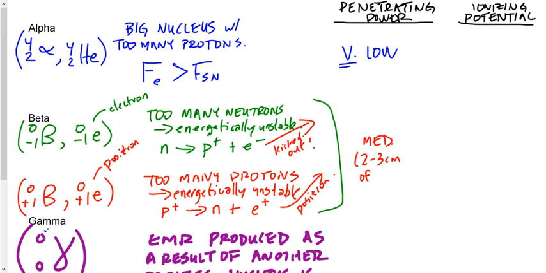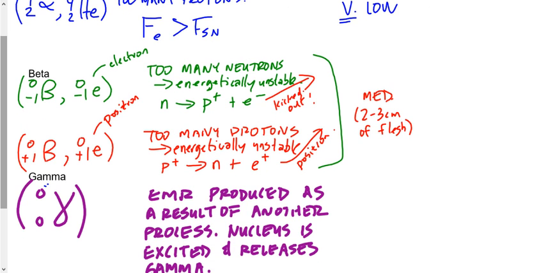They might be able to penetrate a couple centimeters of flesh, a couple centimeters of your body, but they can't anywhere close to go right through your body. But the penetrating power is certainly more than it is for alpha particles.